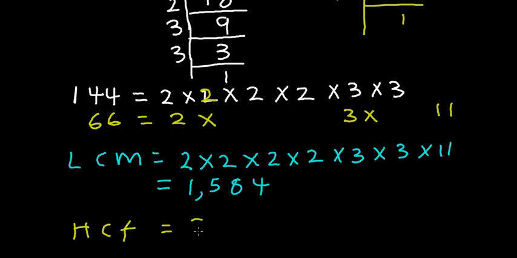So you bring that 2 down. Then you look for another factor. 3 is another factor appearing in both 144 and 66. You bring that down, times 3. What about 11? 11 is only a factor of 66, but not of 144, so it cannot be counted as a highest common factor. So 2 times 3, which is 6.